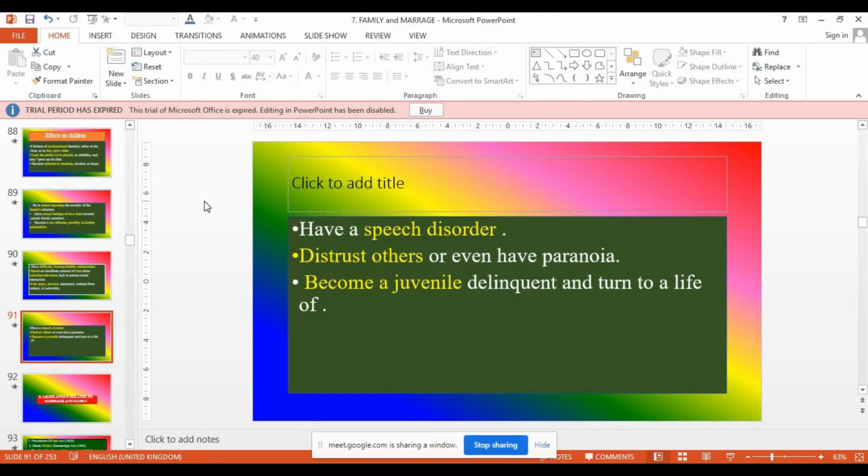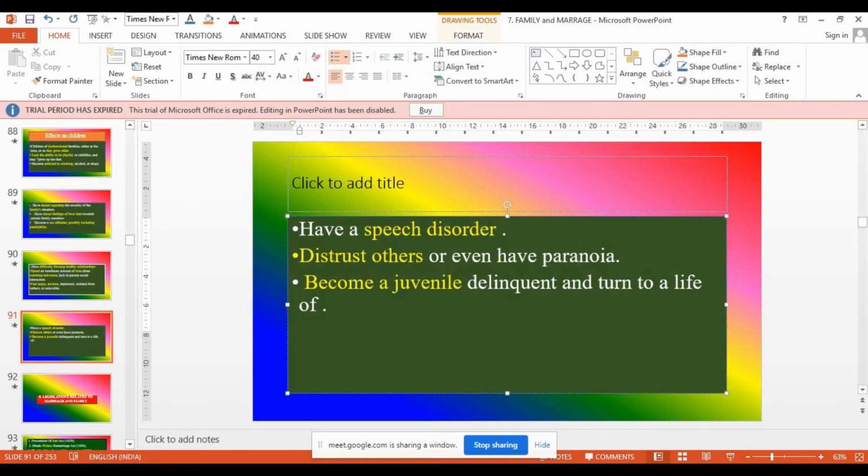Socialization is essential for healthy physical and mental health. But parents do not interact with their children because the family life may be disorganized, which leads to speech disorder. Then distrust of others, even paranoia, which is a mental illness.